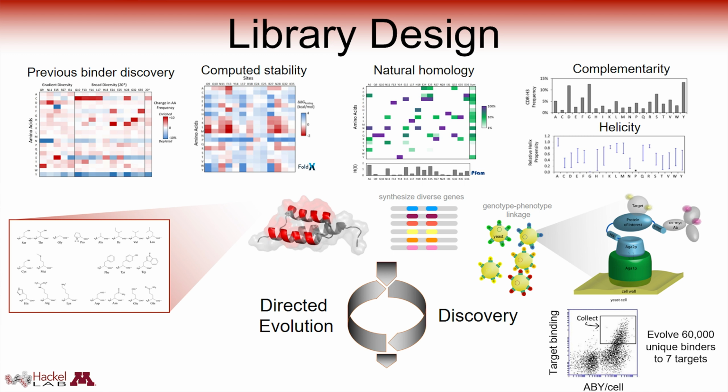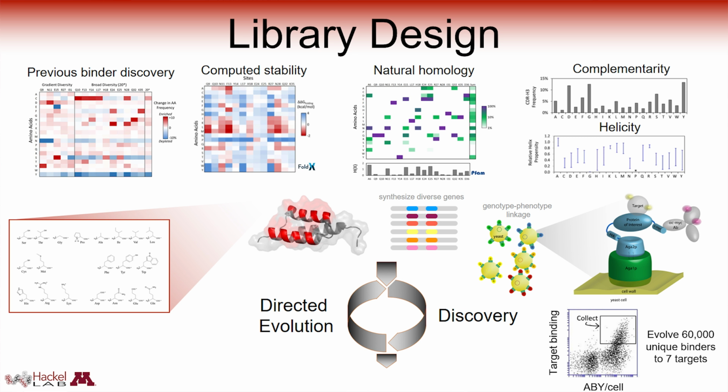We looked at some earlier work from us and others in the community that had tried to evolve this particular affibody molecule to make it bind to various different biomarkers. And we looked at which amino acids are preferred at which sites in that protein. We also computed the stability or instability of making different mutations at different sites. We also looked at different proteins that look very similar to this, i.e. the natural sequencing approach.